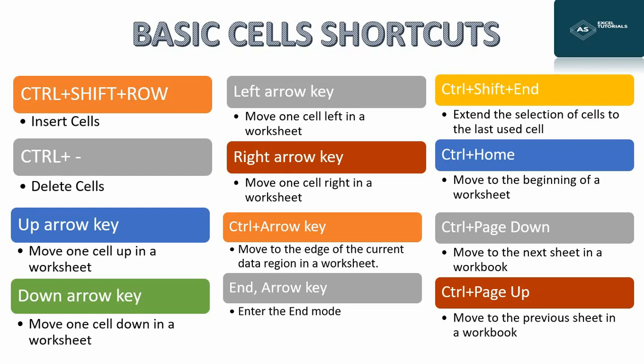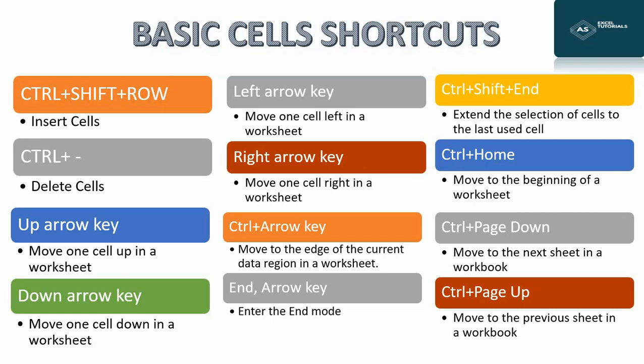Now comes Ctrl plus arrow key. What will happen? It will move to the edge of the current data region in a worksheet. What if you press End and an arrow key? It will enter End mode. What if you press Ctrl Shift plus End?